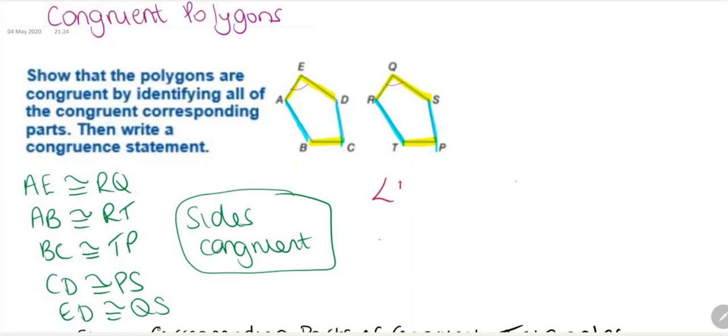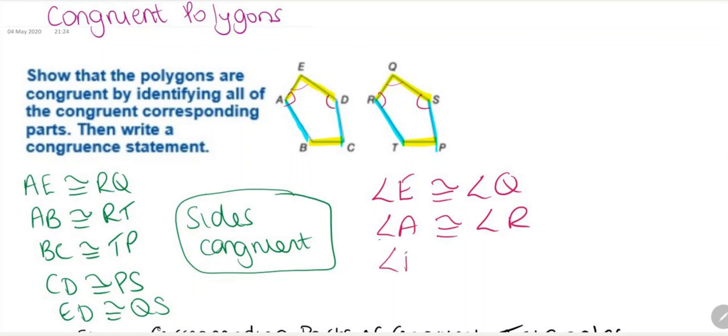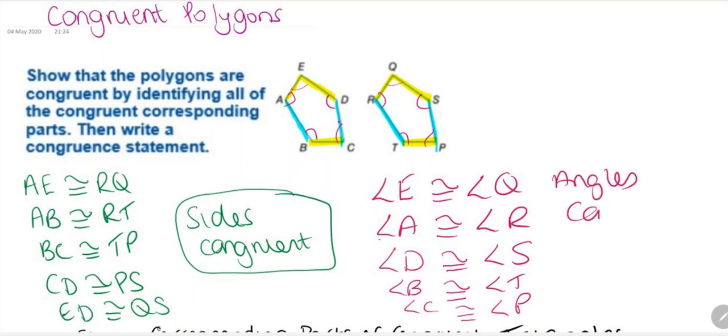So angle E is congruent to angle Q. Angle A is congruent to angle R. Angle D is congruent to angle S. Angle B is congruent to angle T. And angle C is congruent to angle P. So the angles are congruent.